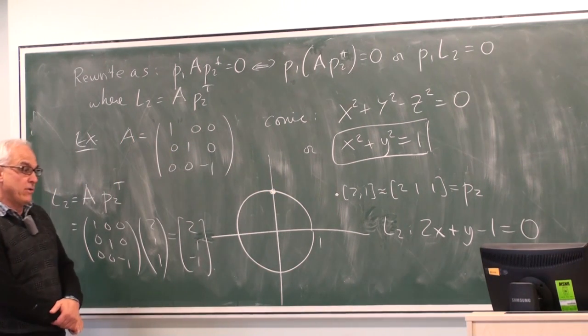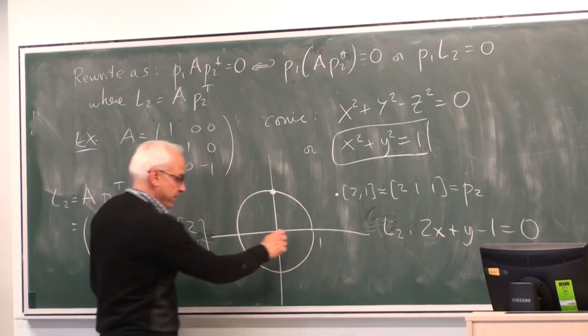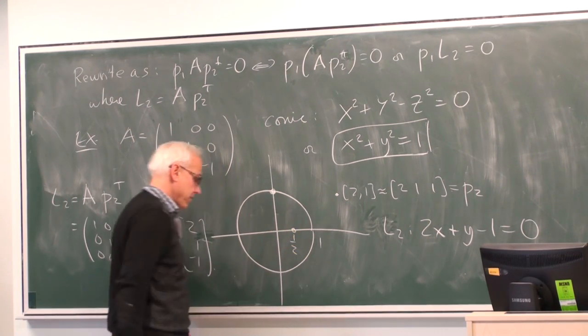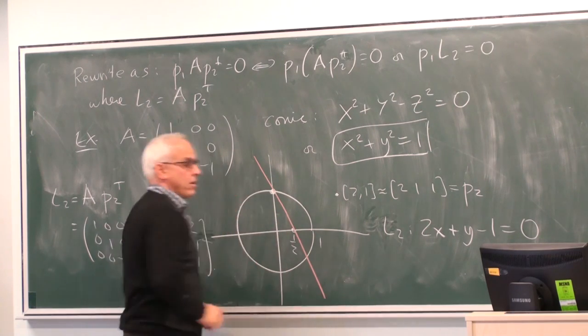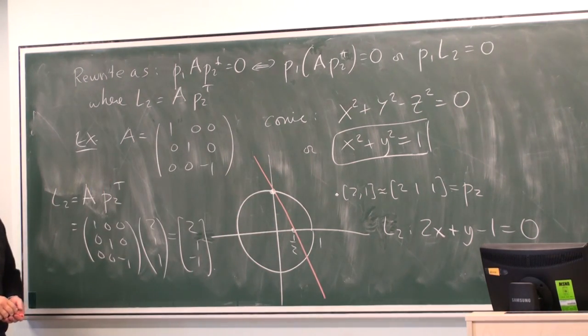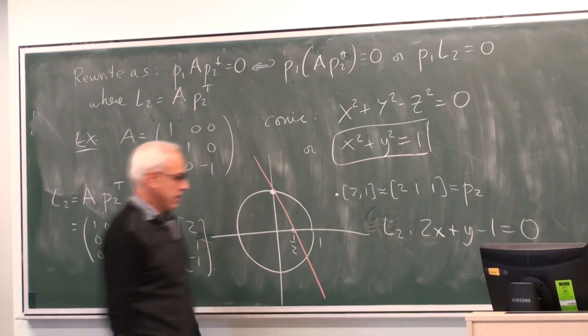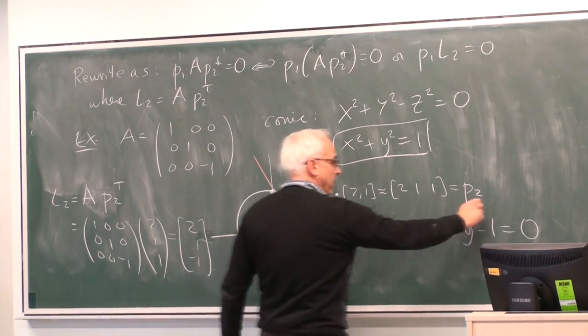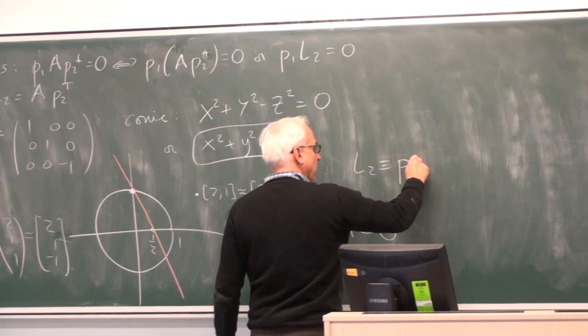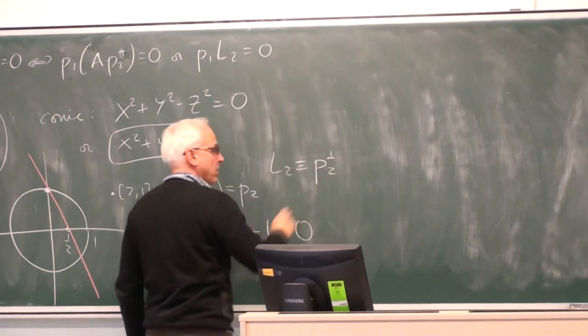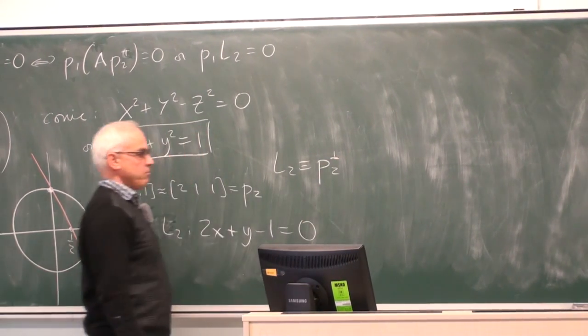And if y equals 0, x is equal to a half. And I'm going to call this L2. I'll give it a name. I'm going to define it to be P2 perp.